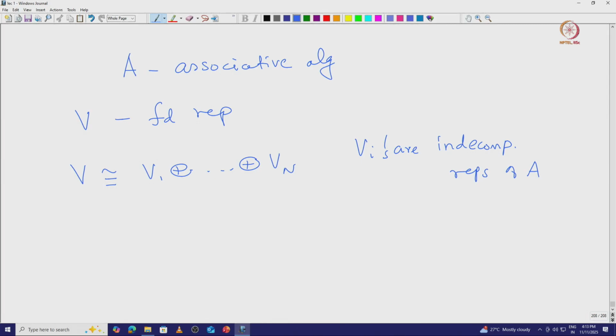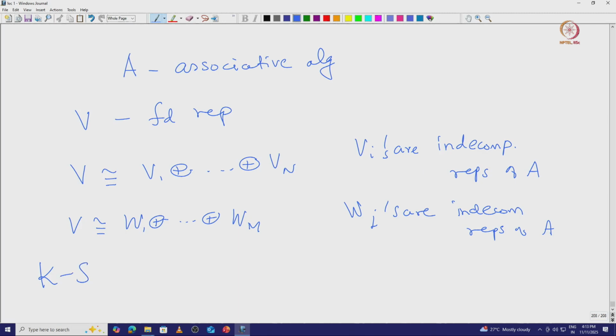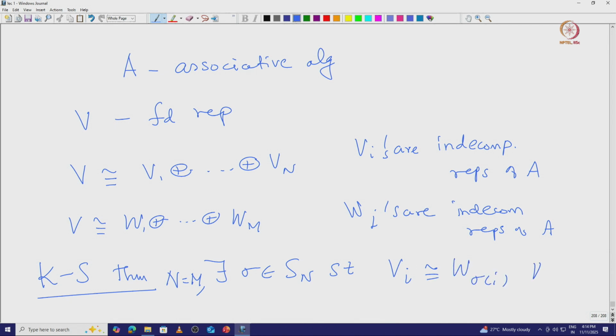Suppose we have another decomposition W1 direct sum etc., direct sum Wm, assuming that all these are indecomposable representations of A. Then the Krull Schmidt theorem guarantees that n, the number of components, is the same, and there exists sigma in Sn such that Vi is always isomorphic to W sigma i for all i from 1 to n.